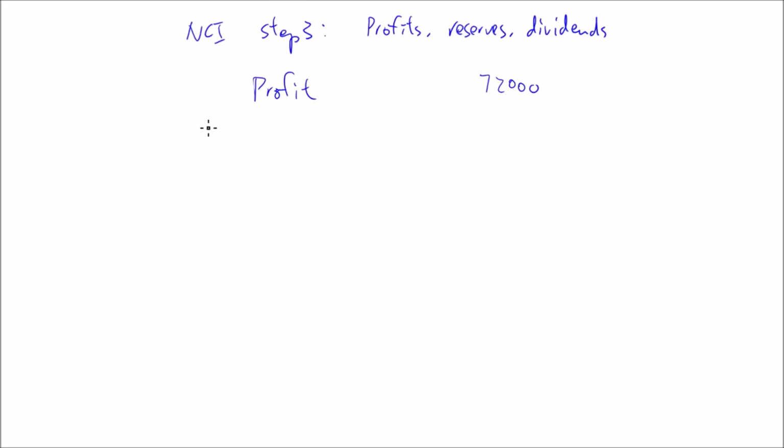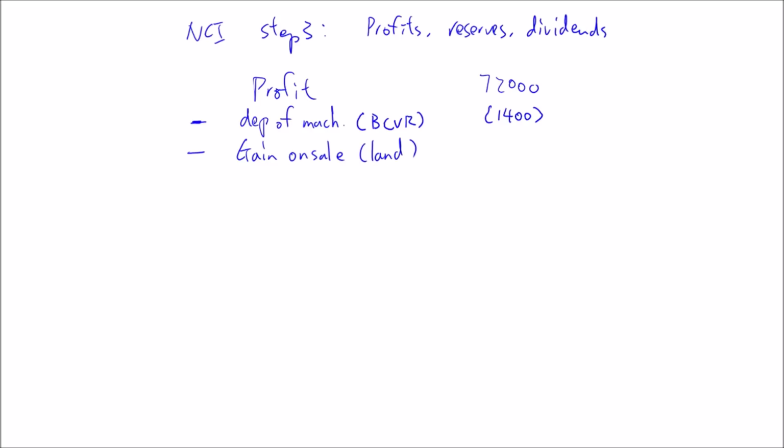So the first one, we want to minus depreciation of machinery. That one comes from BCVR. The amount was 1,400 decrease. Second one, we want to minus the gain on sale. It was land. With this one, there will be 21,000.